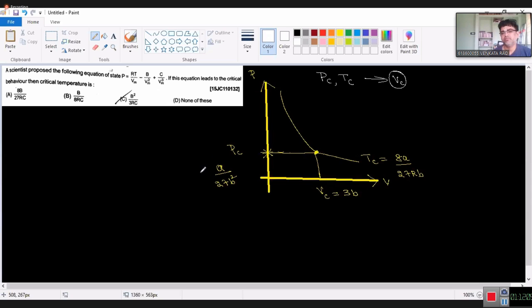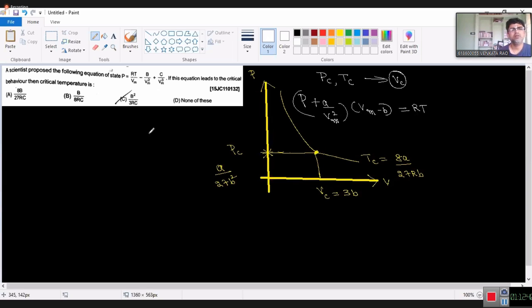Generally, critical temperature is 8a by 27Rb if the gas satisfies the van der Waals equation, that is (P + a/Vm²)(Vm - b) = RT. If this van der Waals equation is obeyed, this is the critical temperature.